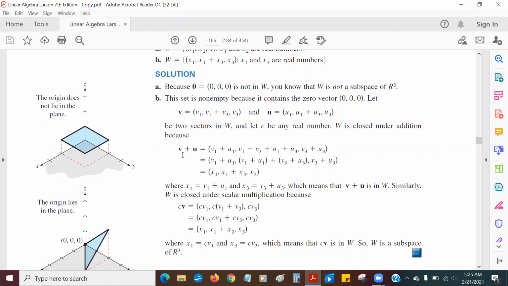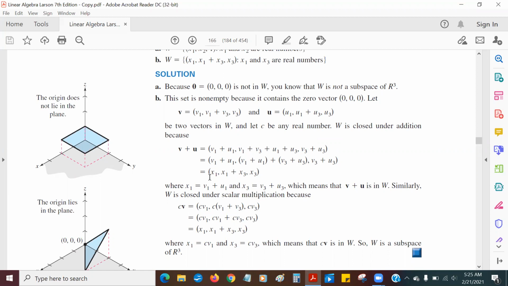If I take two vectors in this space, v is v1, v3, and the middle is v1 plus v3. U is u1, u3, and the middle is u1 plus u3. If I add these two and just redistribute and regroup things, you see that the result is going to be of the same form.